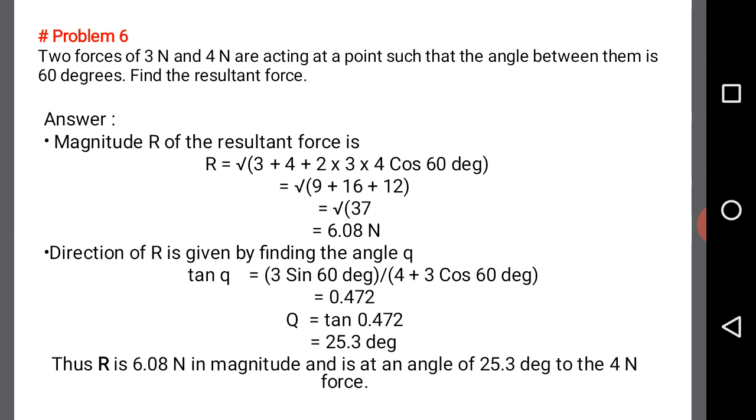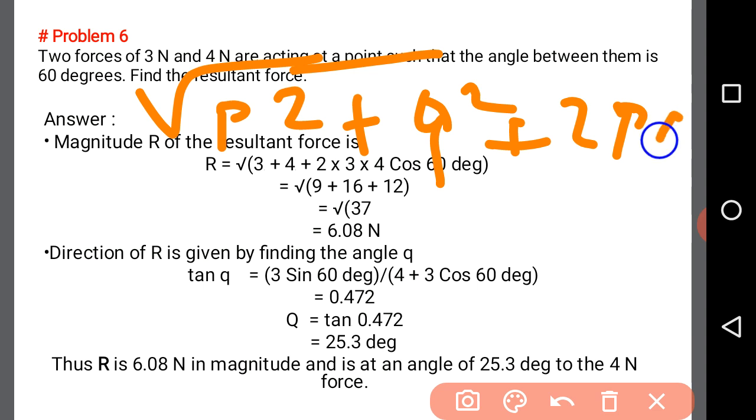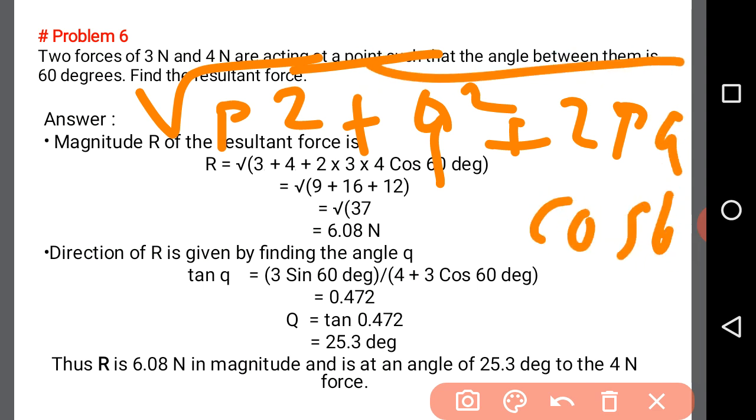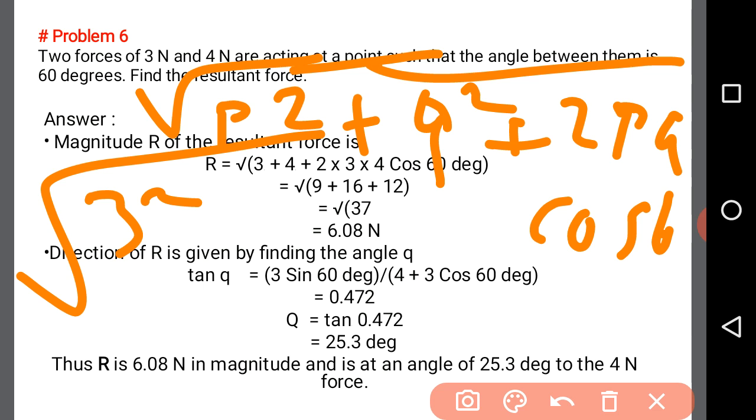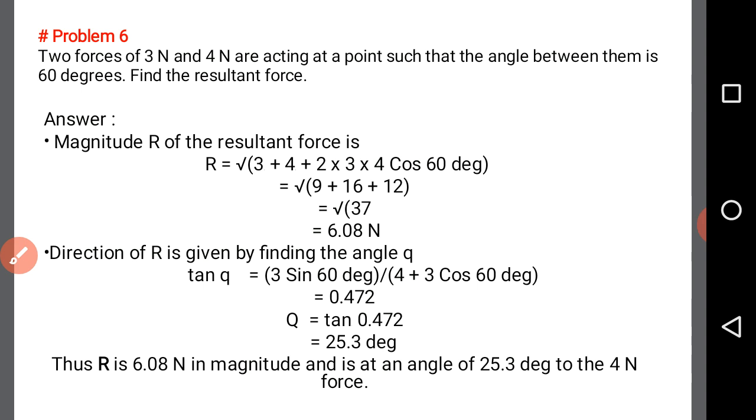Your formula is R equal to square root of P square plus Q square plus 2PQ cos theta. Now use here P is 3, so square root of 3 square plus 4 square plus 2 into 3 into 4, that is 12, cos theta.